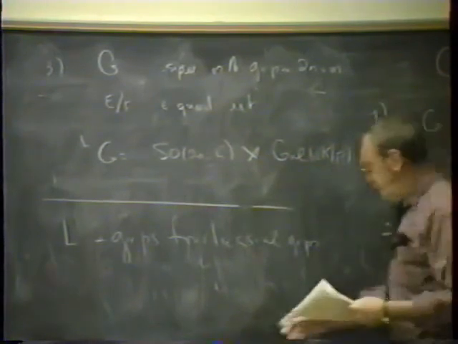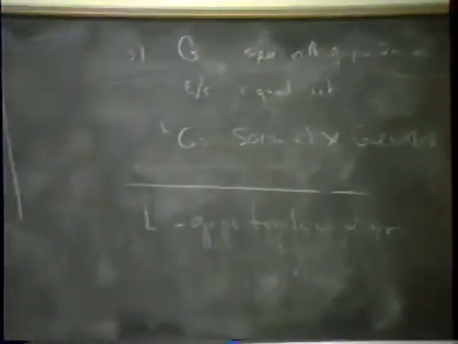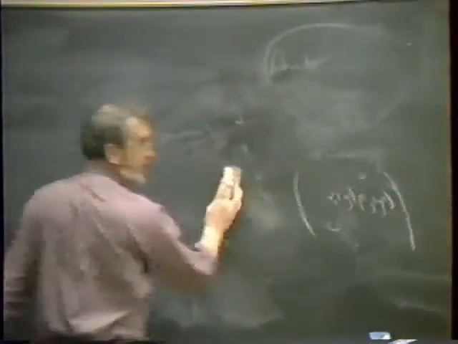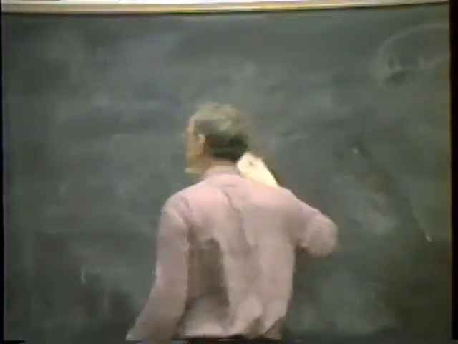Now, what's the pertinence of this second factor, of this L group? For GLN, by the way, the L group is GLN(C). The pertinence is the following.